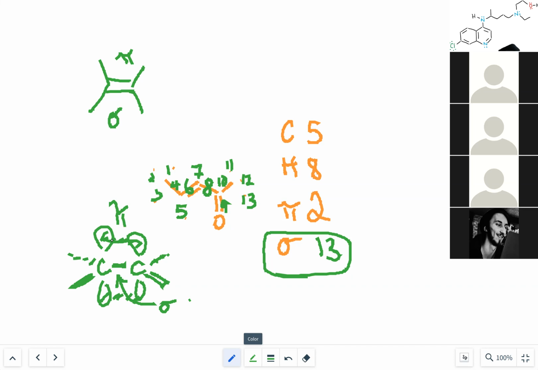When we draw these orbitals, it's almost like half this bond is above and half this bond is below to make the 1 pi bond. So when you see a double bond, that's made up of a sigma plus a pi.